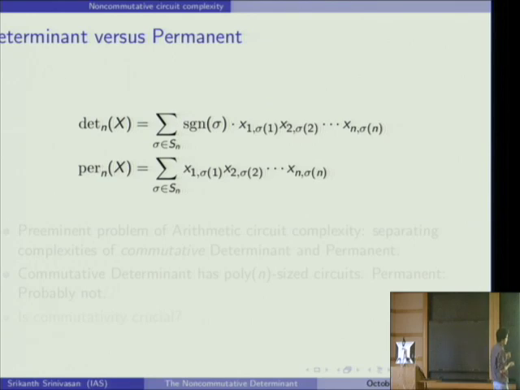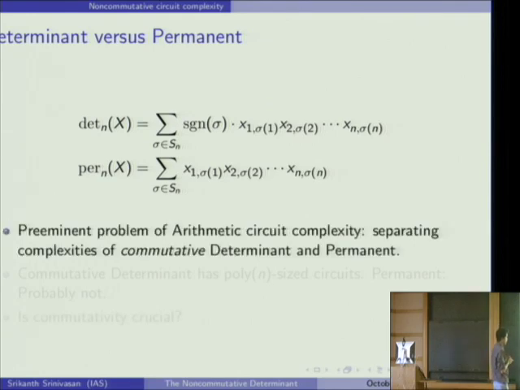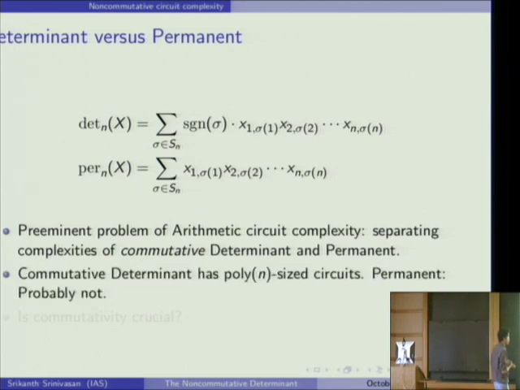It's a really important problem in arithmetic circuit complexity to separate the complexities of these two polynomials in the commutative setting. We suspect that the permanent in the commutative setting has no sub-exponential sized arithmetic circuits, but on the other hand, we know that the commutative determinant has polynomial sized arithmetic circuits. And it's a huge open question to actually see if there is this difference between these two polynomials.